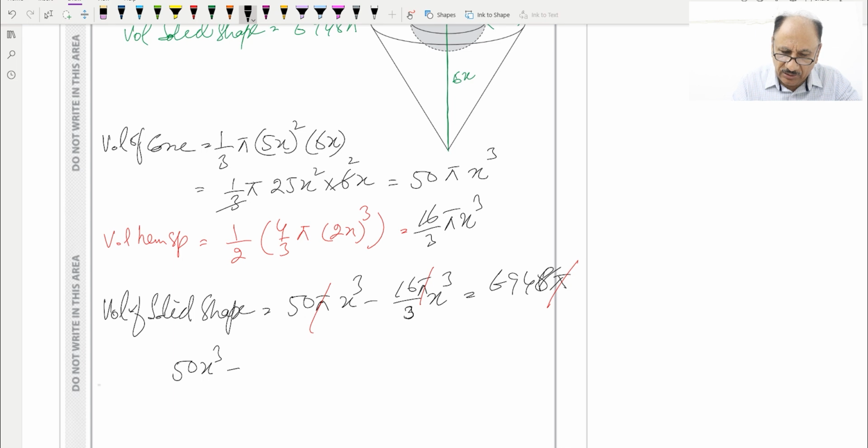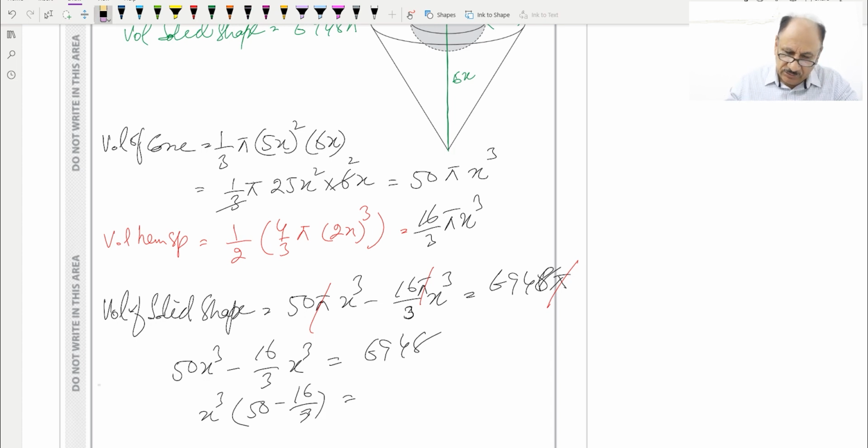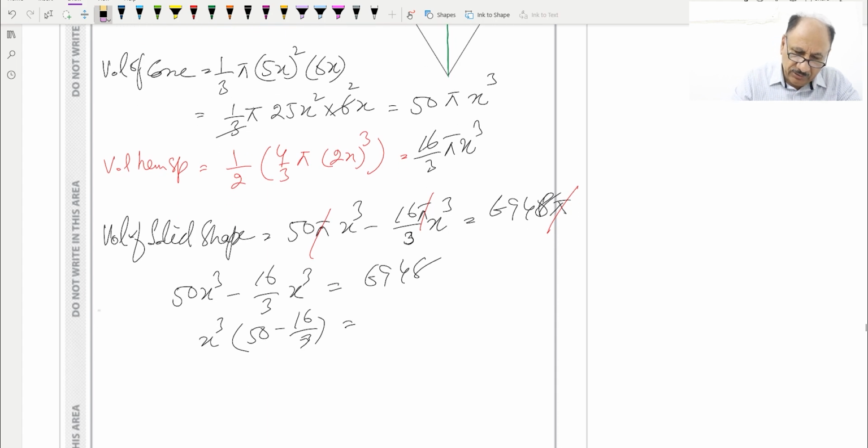We can rewrite it as 50 x cube minus 16 by 3 x cube, and this is equal to 6948. We can take x cube common, so x cube into 50 minus 16 by 3 is equal to 6948.